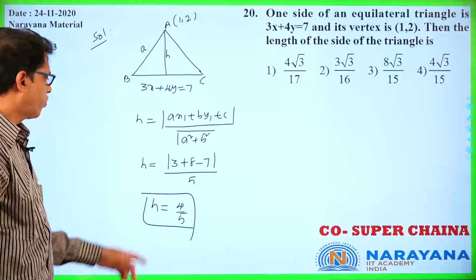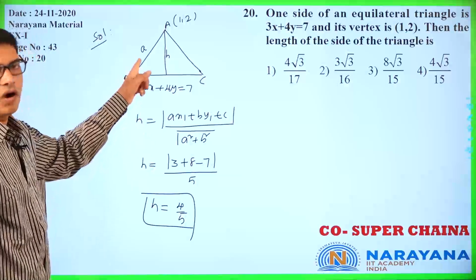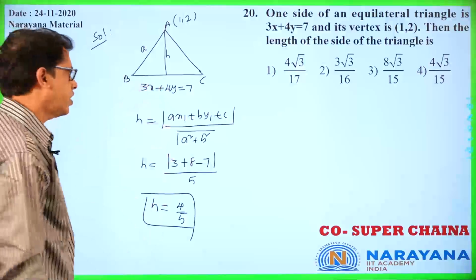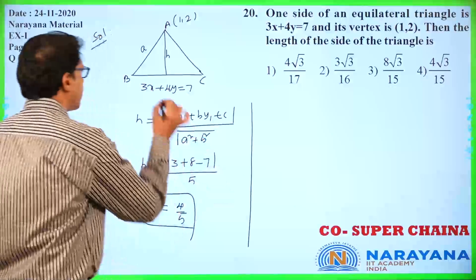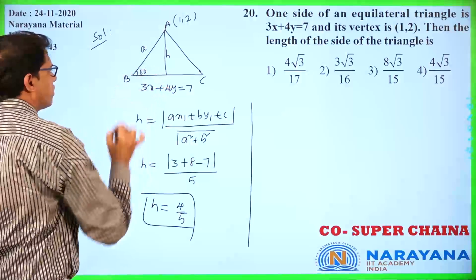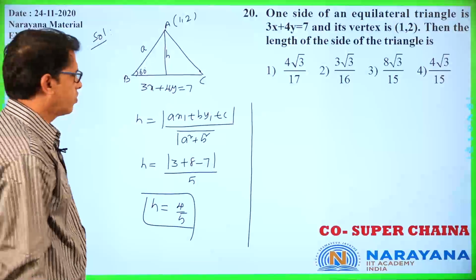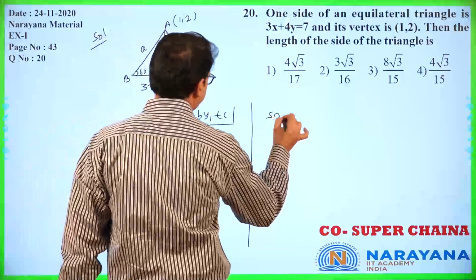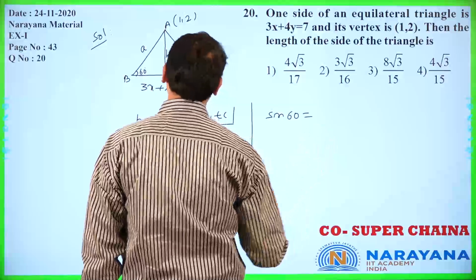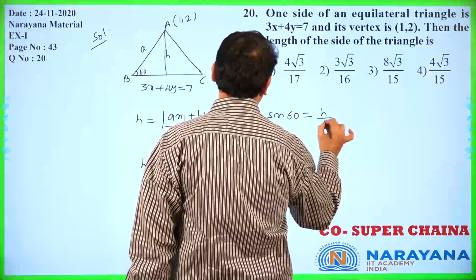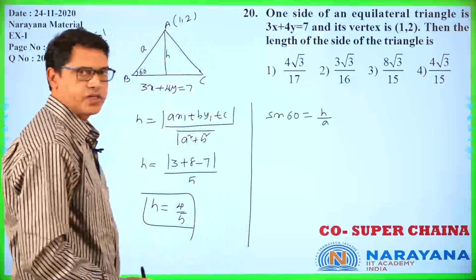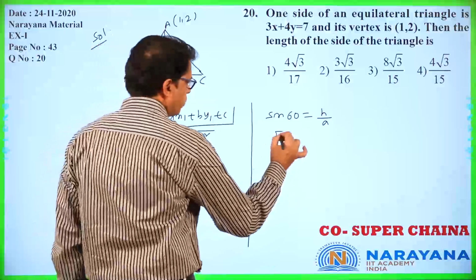If you know the h value, how to find the side? Obviously, if this angle is 60, then you can take sine 60, which is opposite by hypotenuse. Sine 60 value is root 3 by 2.